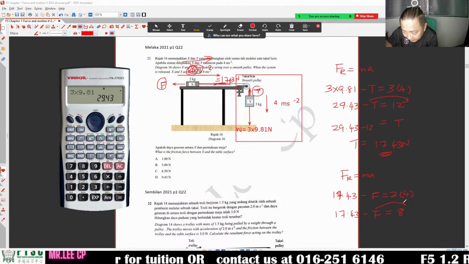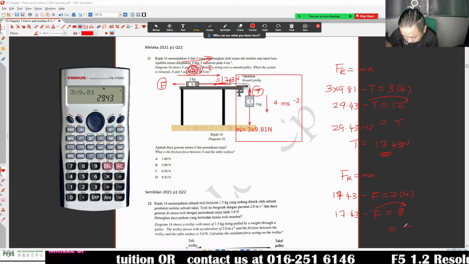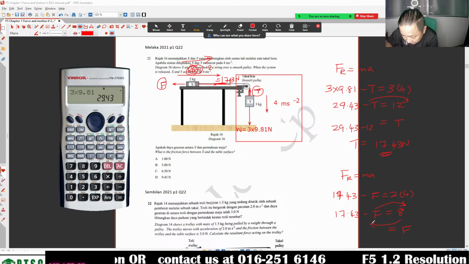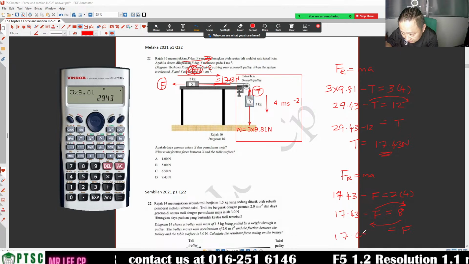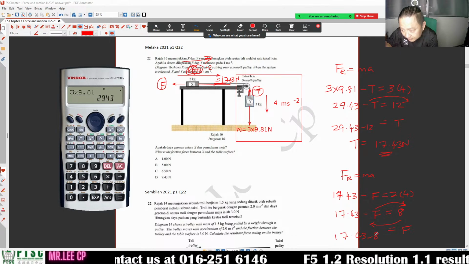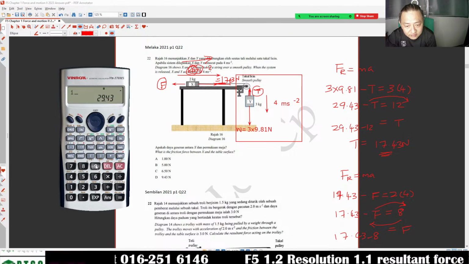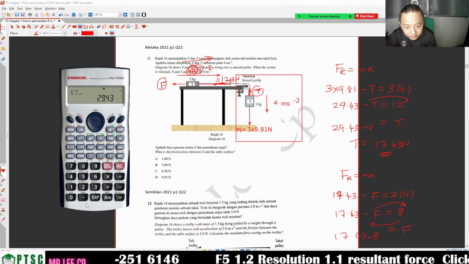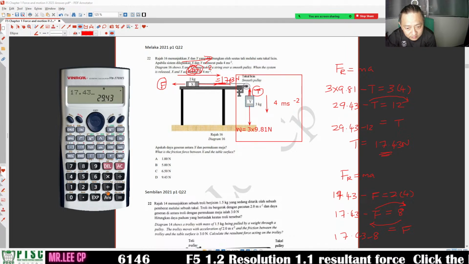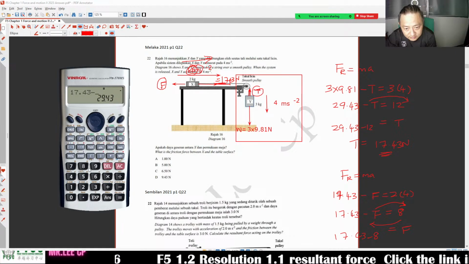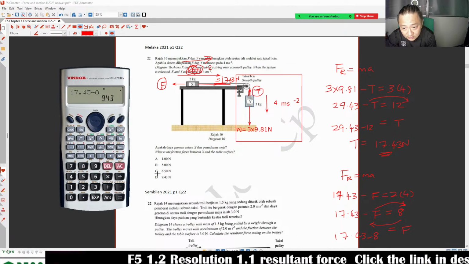Bring the negative F over, and move the 8 over. 17.43 minus 8 is your answer, which is 9.43.